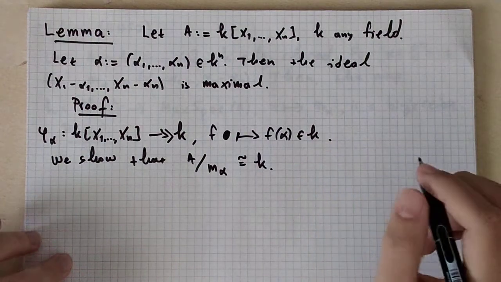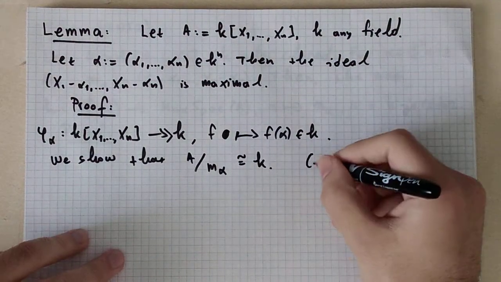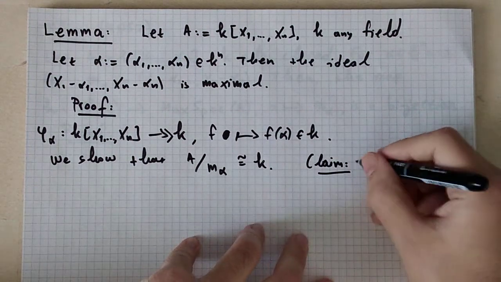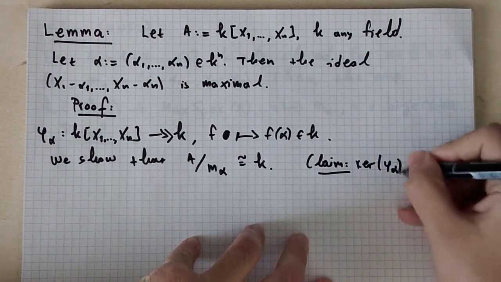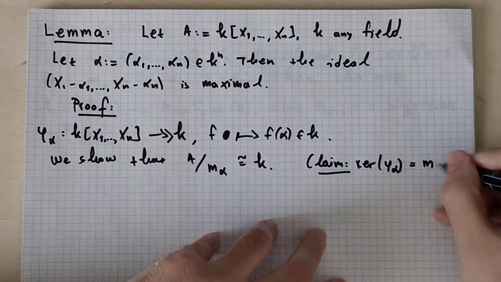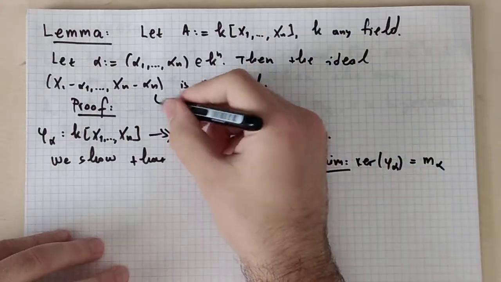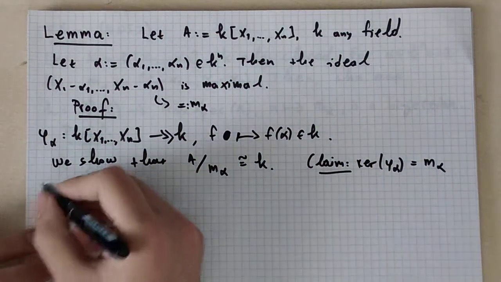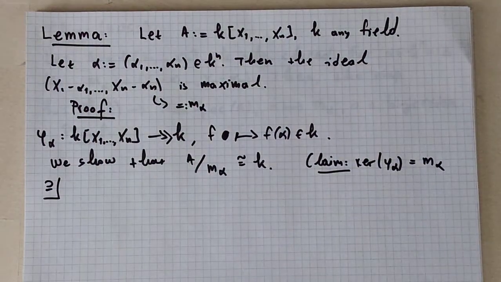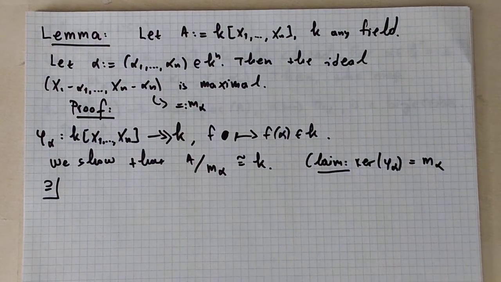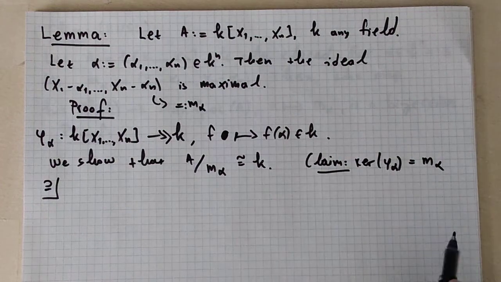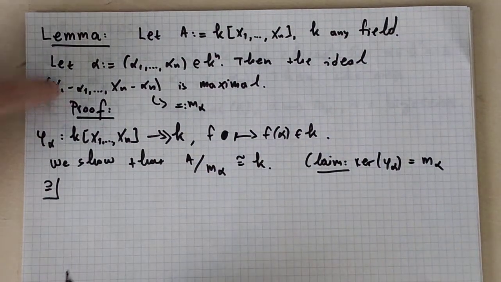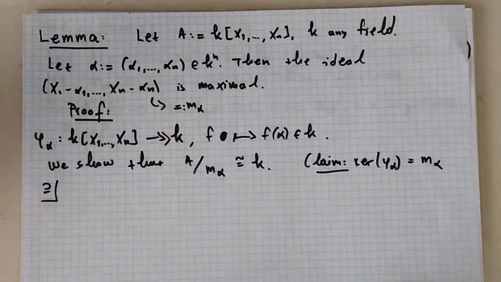So what's the claim now? We claim that the kernel of phi alpha is in fact exactly equal to m alpha. One inclusion is pretty obvious, because an element living inside m alpha is an expression of the form a polynomial times this generator, plus a polynomial times this generator, and so on.